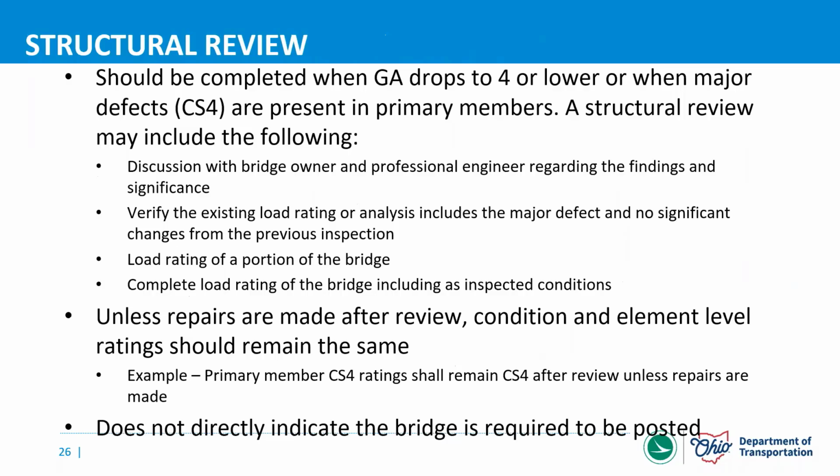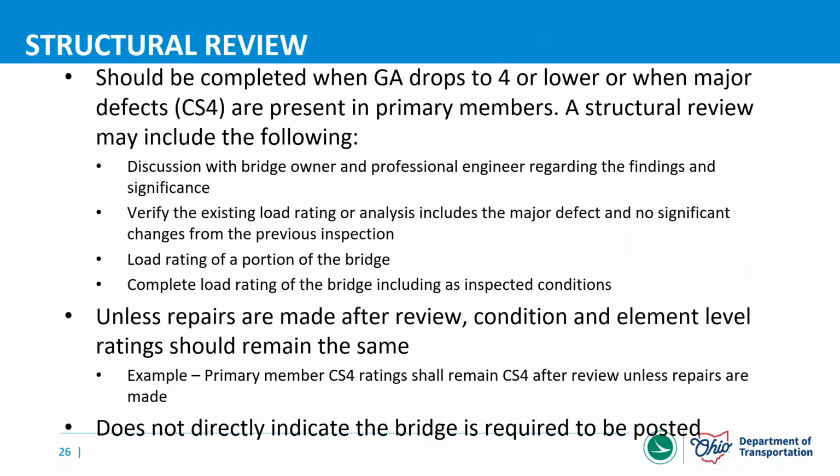Structural review. This is when you've reached a 4 on your component ratings, or CS4 on primary elements for element level. A structural review is recommended. That may include those 4 bullet points you can see there that might be part of a structural review.